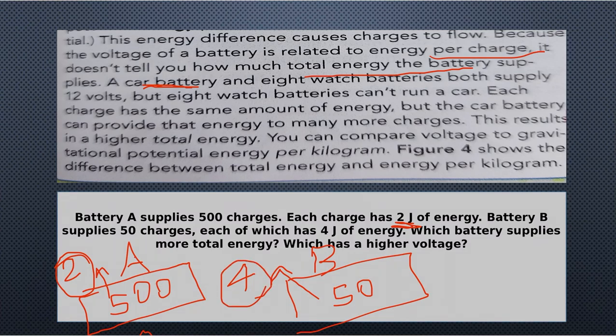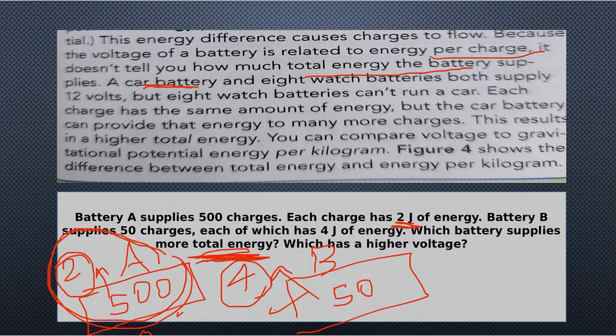So the charges here have more energy than in A. Which battery supplies more total energy? When I say the word total, I will count the total energy of this battery. If you have a battery with 500 charges, each charge containing 2 joules of energy, what is the total energy inside this battery?